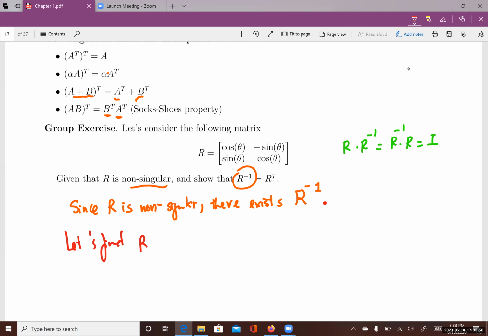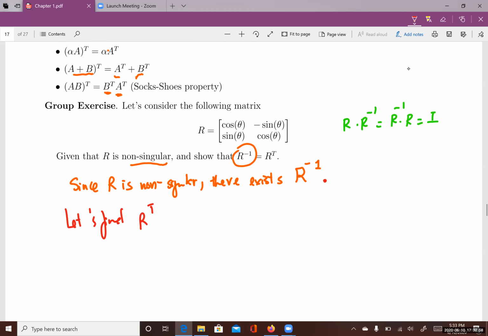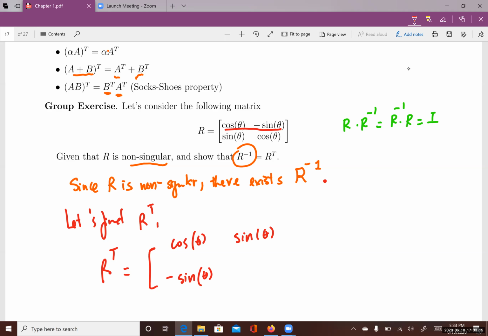So let's find R transpose. You take the first row, it becomes the first column. So cosine theta, negative sine theta. The second row becomes the second column, sine theta and cosine theta. So this is R transpose.